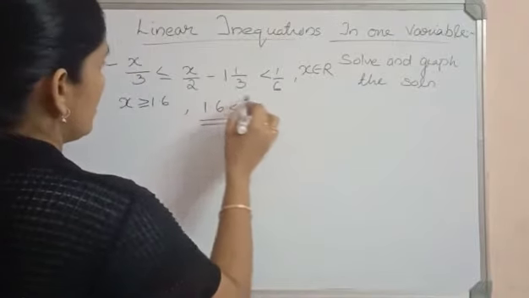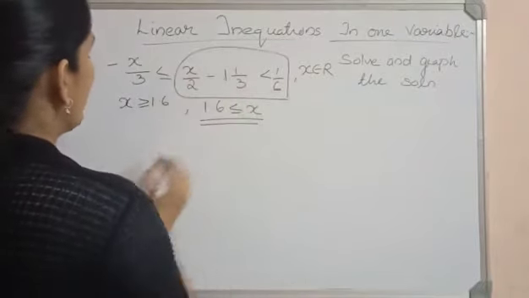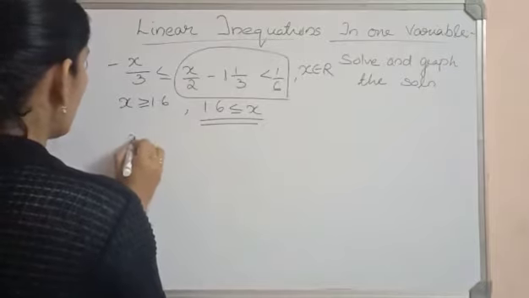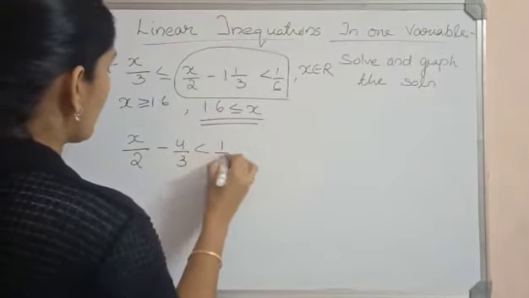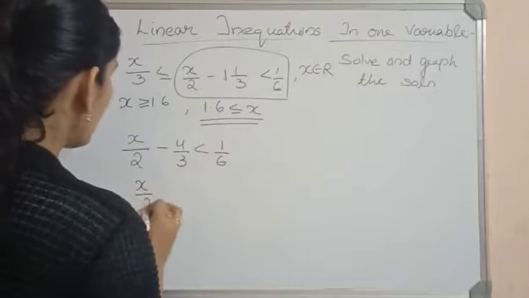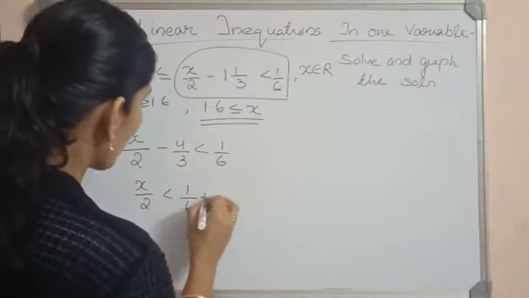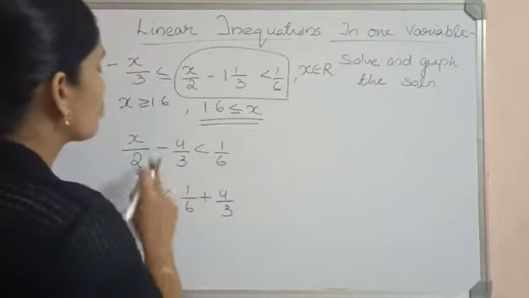Now consider the right side part. After simplification, we get this as x by 2 minus 4 by 3 less than 1 by 6, or x by 2 is less than 1 by 6 plus 4 by 3 using the rule 2.